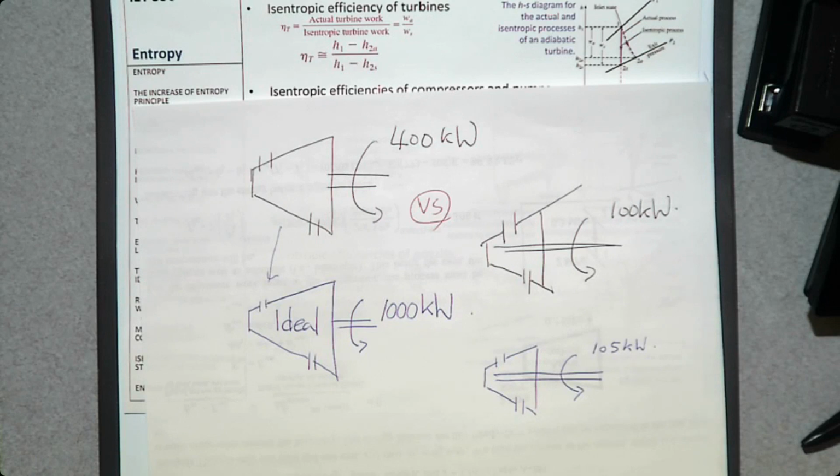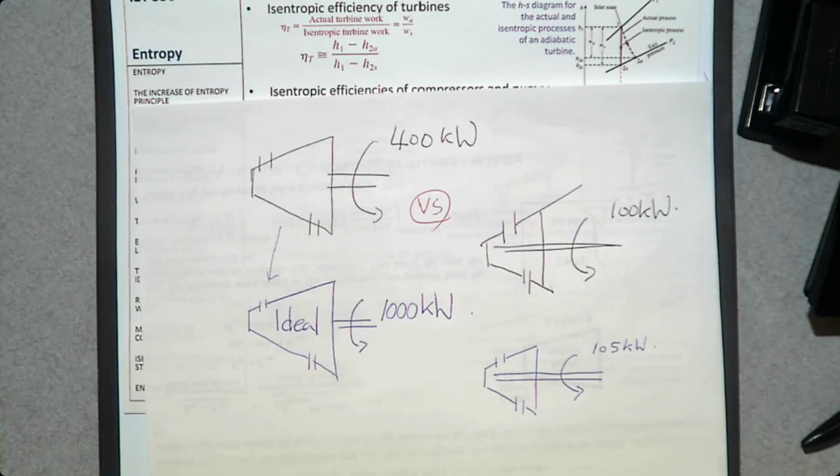Then what is the ideal system in terms of entropy? The isentropic turbine is the ideal turbine, because isentropic means there is not a single entropy increase and no wasted energy.